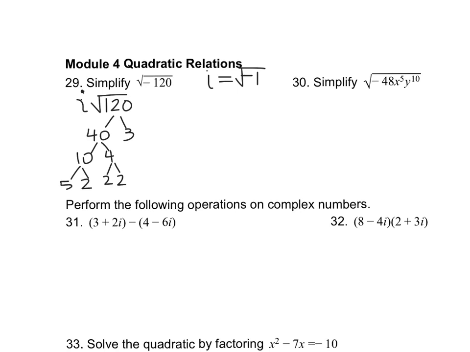So I'm looking for pairs of the same number. I have a pair of 2's. So outside of my square root, I'm going to have 2i, and then underneath, I have to multiply the 3, the 5, and the 2 back together, and I'm going to end up with 30.